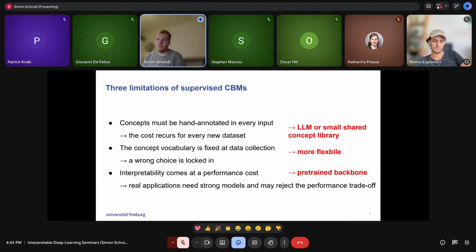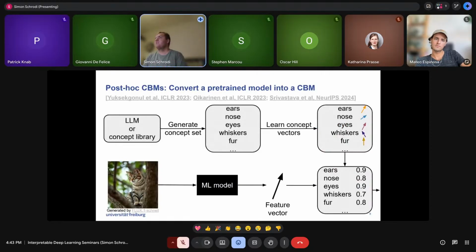However, there's one implicit assumption in all of this: somehow we assume that the large language model we use, or this concept library, knows what our black box model has learned on some other task. I would argue this is quite a strong assumption, and it might explain some of the artifacts we will see later.